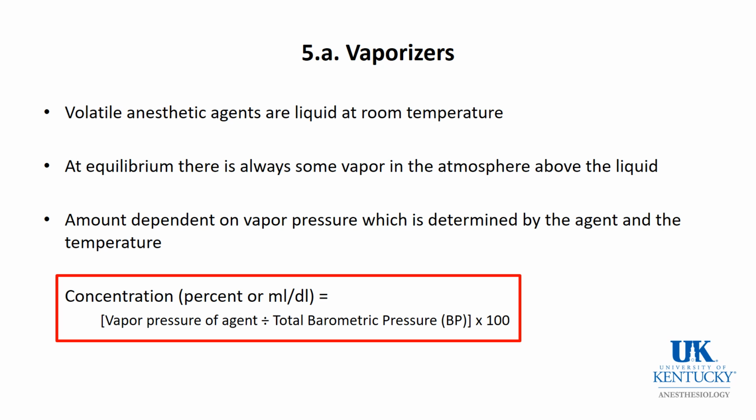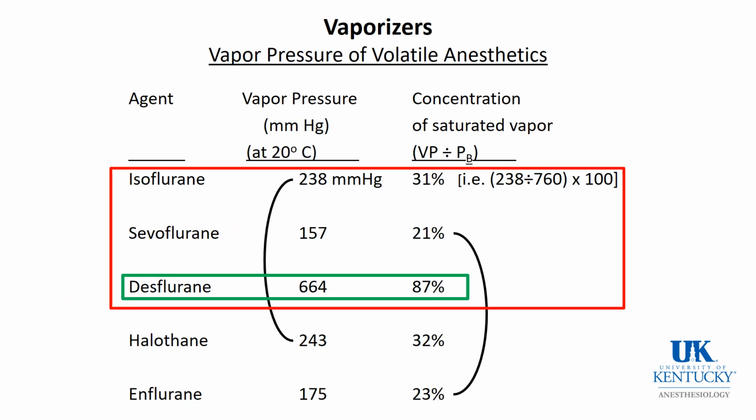The concentration of the agent is given by the vapor pressure of the agent divided by the total barometric pressure. On this slide, I've shown our 3 most commonly used potent agents nowadays, with their vapor pressure and the concentration of the vapor sitting above the agent. The relevance of this to vaporizers will become apparent in a few moments.